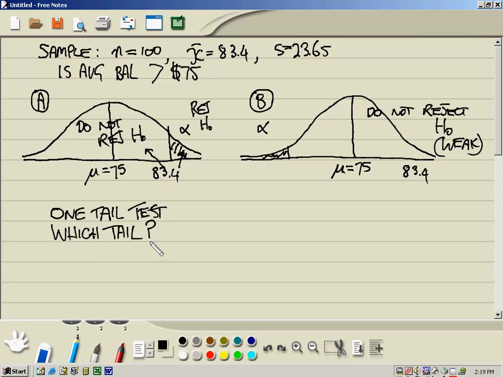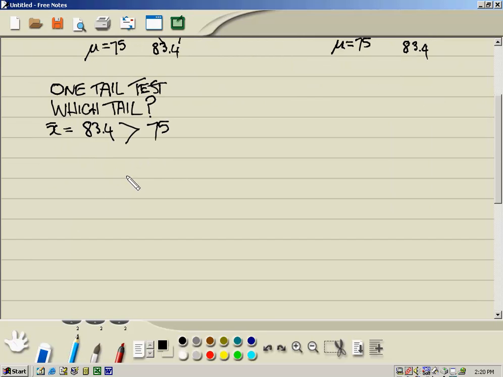So when we ask ourselves which tail, we can do this mechanically and say, well, our sample value, this problem was 83.4, which is greater than the middle of the distribution at 75. From this we can get two things.